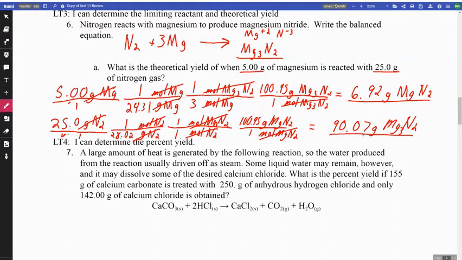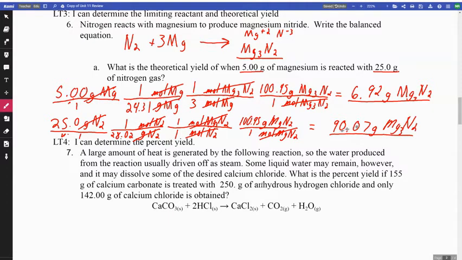So if we're given both of these amounts, we are going to run out of the magnesium first because we can only make 6.92 grams of magnesium nitride with 5 grams of magnesium. So after we get to 6.92 grams of magnesium nitride, then we're done with the reaction.